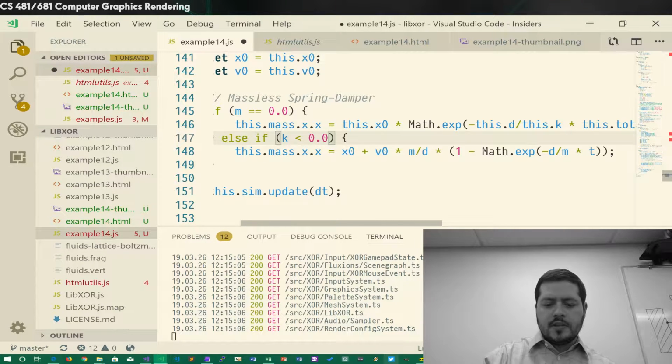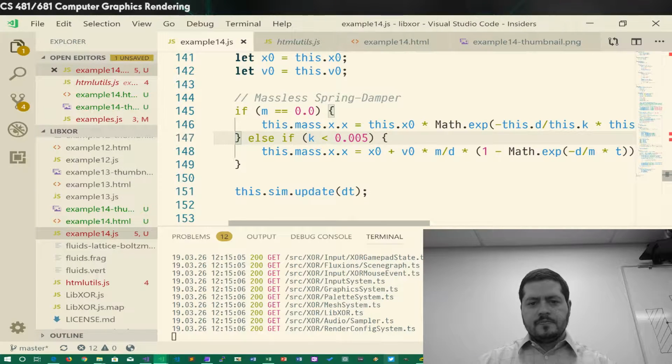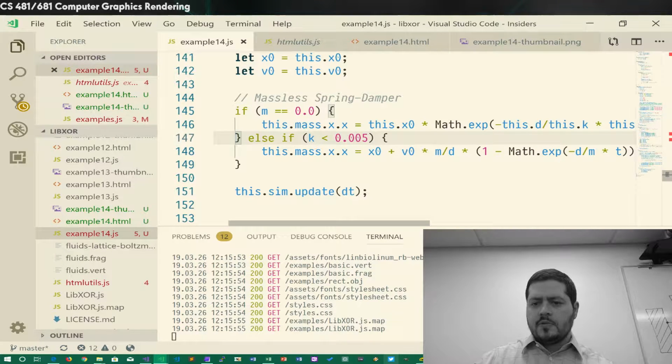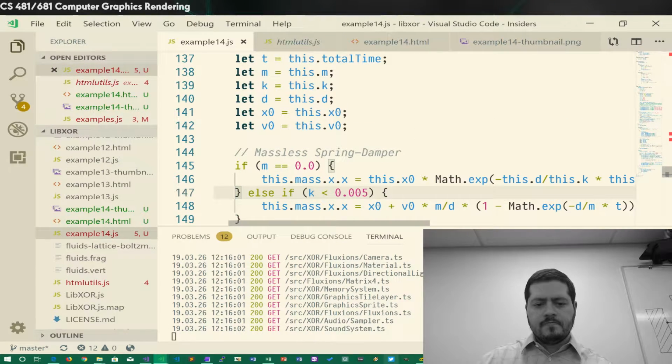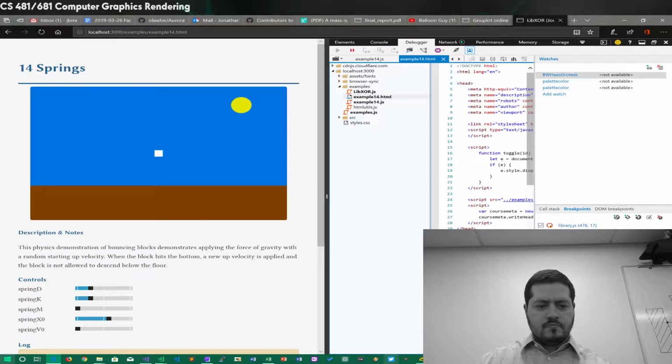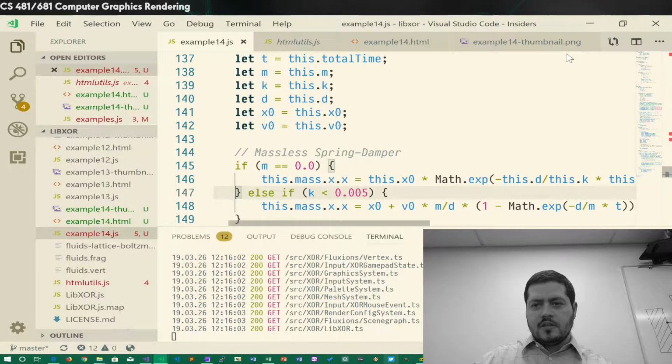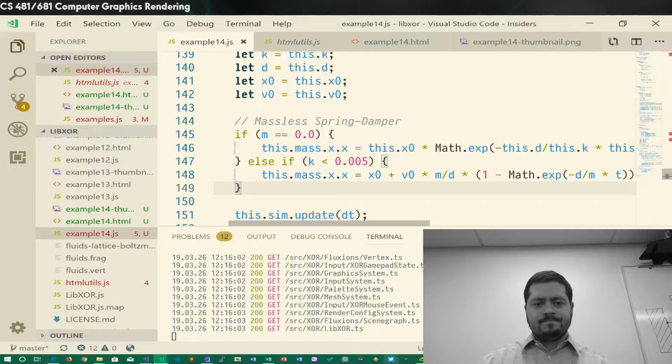Well, maybe we could do something like, if k is close to m over d, d over m, t. Well, let's keep going. I do want to see what the other ones do as well.